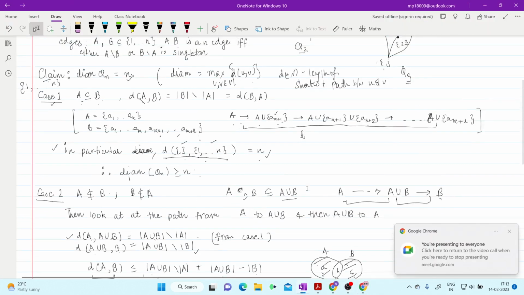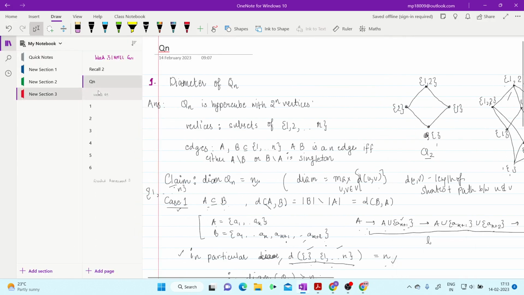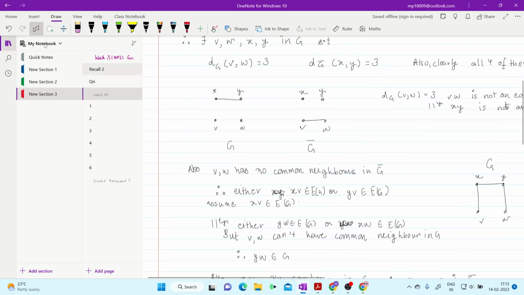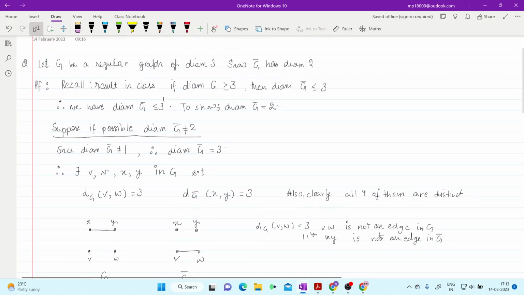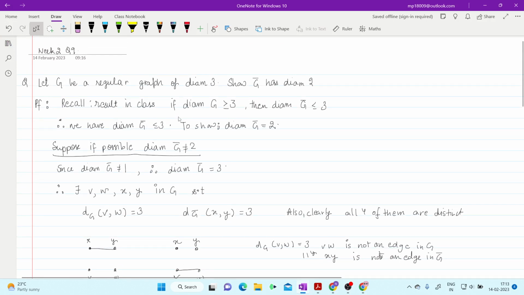Okay. The other problem that was left from the last lecture was this: if G is a regular graph of diameter 3, then we had to show that G complement will have diameter 2. We almost solved this problem last time, but a few things were left.